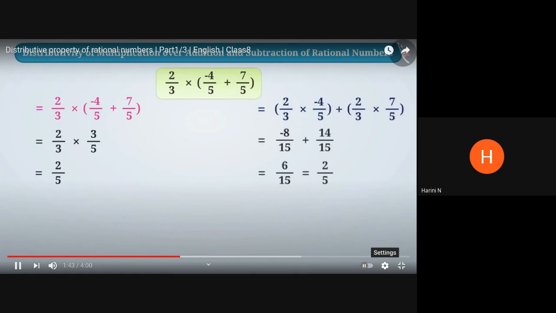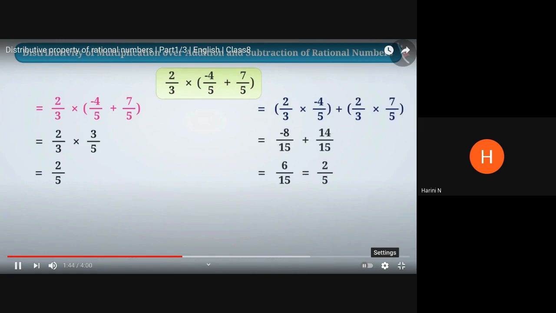Multiplication can also be distributed over addition in rational numbers. Let us understand this with an example. Suppose we want to multiply 2 by 3 by (minus 4 by 5 plus 7 by 5). We will do it in this way, or we will do it in this way. We are getting the same result in both cases.